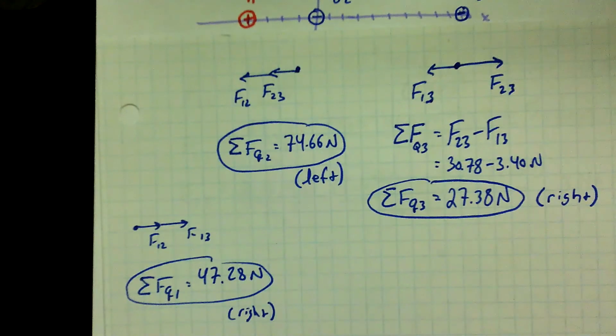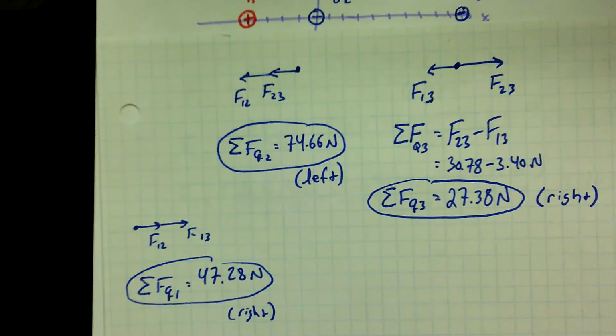Okay, so what we're saying here is, let's start with Q3. What is Q1 doing to Q3? Attracting it, yes, which would mean that Q3 is being pulled left, right? So the force between 1 and 3 is pulling Q3. Yes, which would make Q3 go to the right.